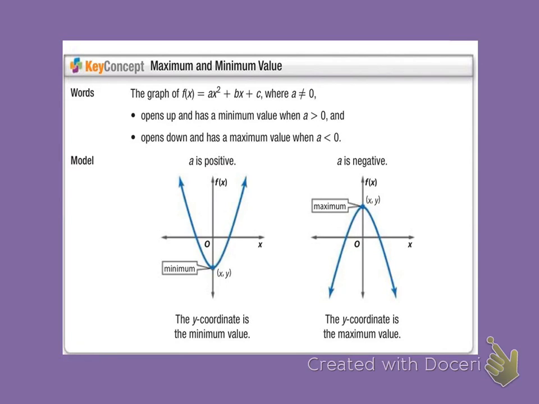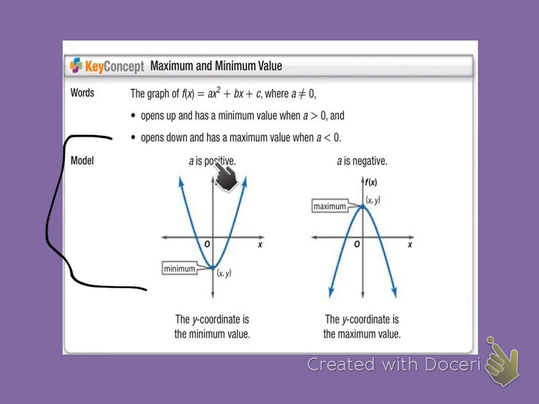Now, when you look at the equations for this, it depends on whether A is positive or negative. If A is positive, like it says right here, ax squared, it opens up and has a minimum value when A is greater than 0. Look at this model, because that's going to really drive it home.